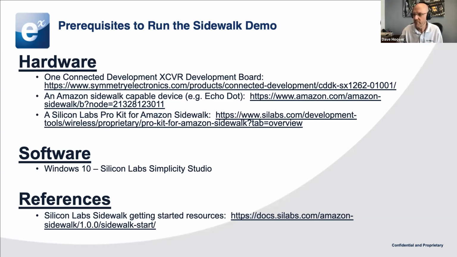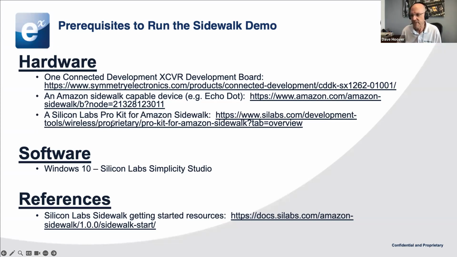Hardware-wise, you can use that exact same transceiver development board that I've been talking about before, and connect that. You would need, obviously, some kind of Sidewalk-capable device gateway to talk to. There are various devices out there that are already capable. This is a link right here to an Amazon site where they show exactly which devices have the Sidewalk technology built into them.